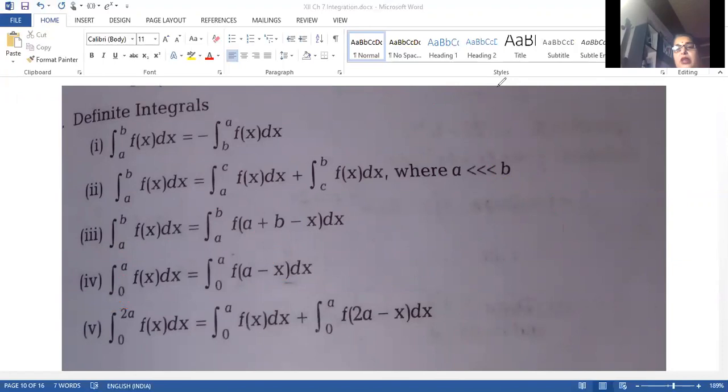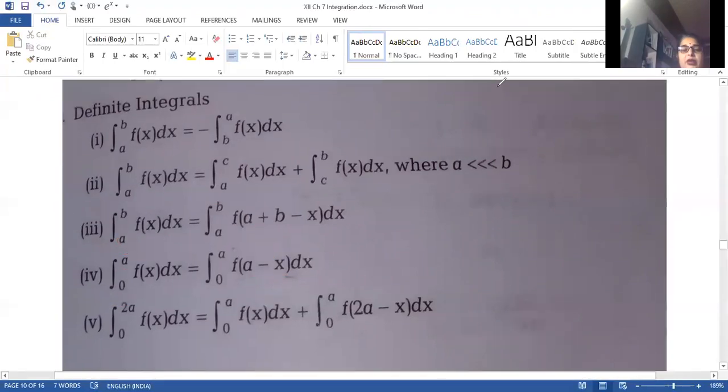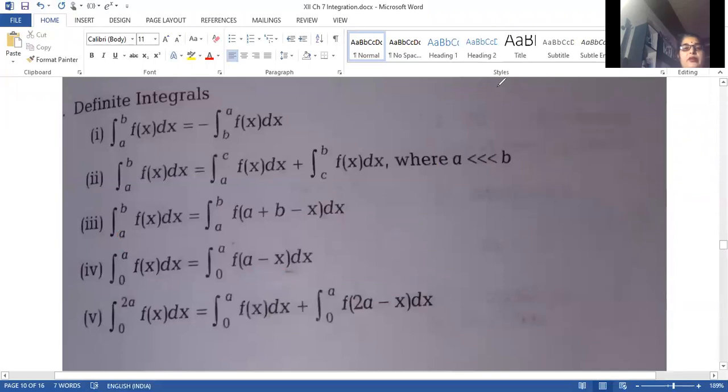Please keep in mind all the properties. Then your next property is: the integral from 0 to 2a of f(x) dx is equal to the integral from 0 to a. Again we have divided it. Now what we have done: the integral from 0 to a of f(x) plus the integral from 0 to a of f(2a - x). Clear?